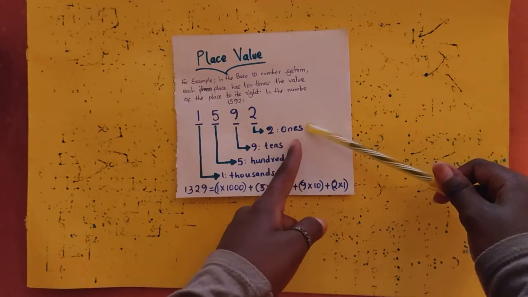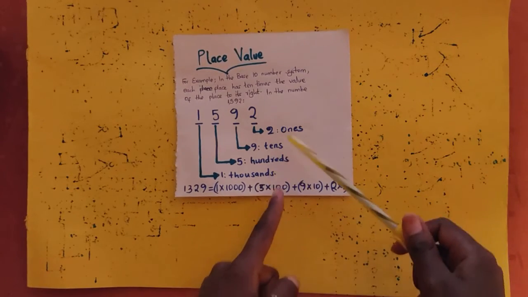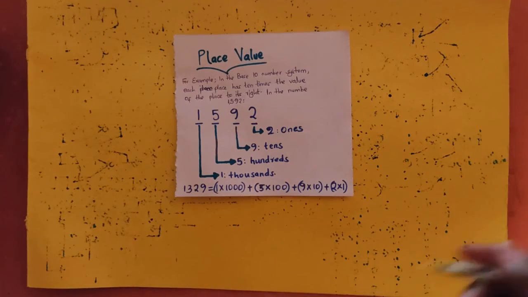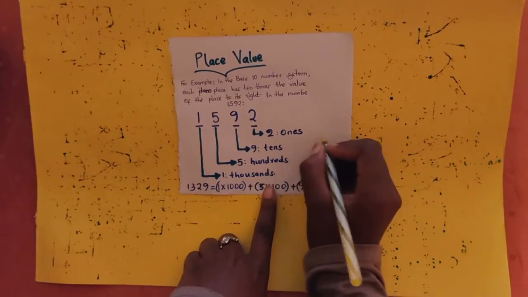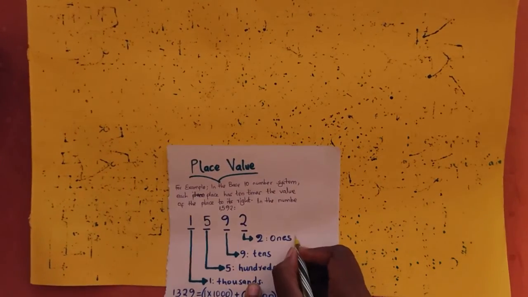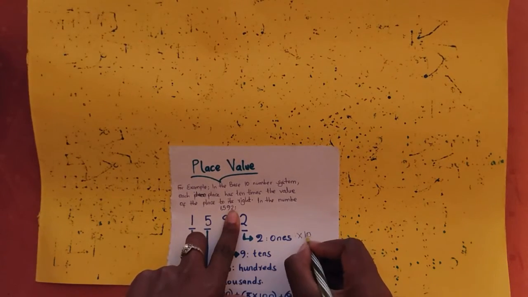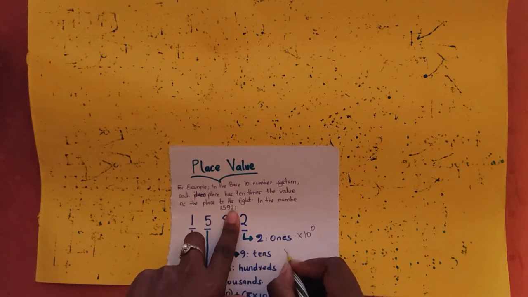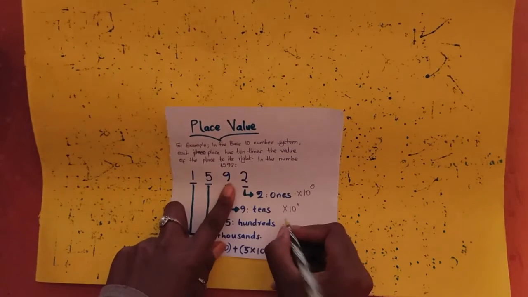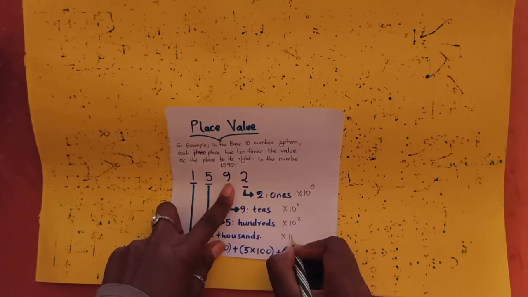We know these are the ones, tens, hundreds, thousands, and each of them is multiplied by 10 to the power of something. For the first case, we have 10 to the power 0, then 10 to the power 1, and you proceed with that, 10 to the power 2, 10 to the power 3.